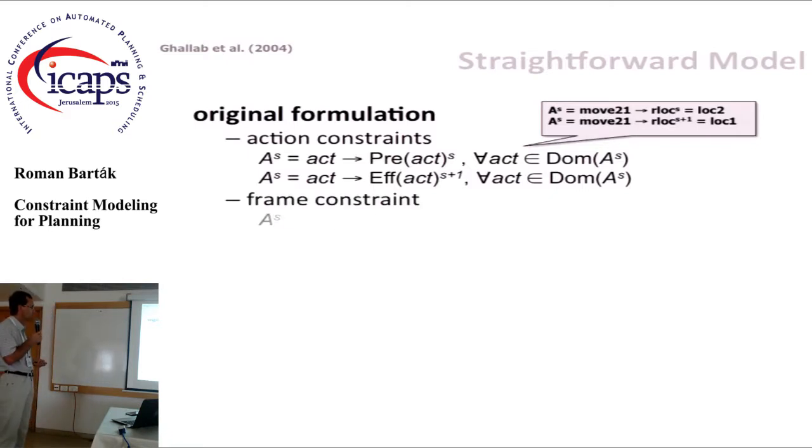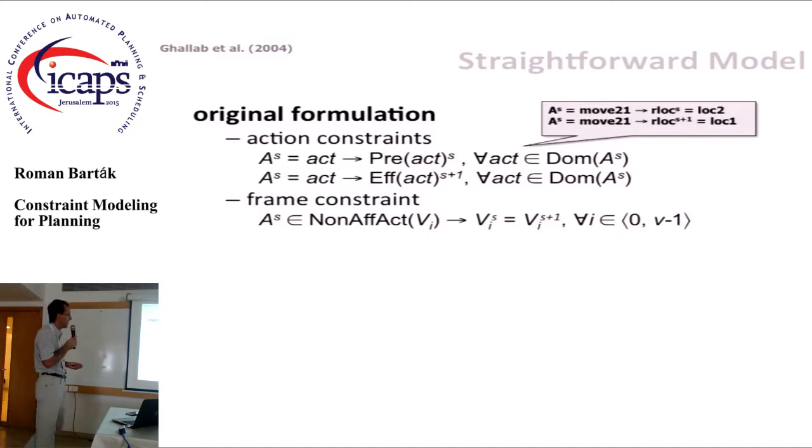So these are action constraints, and regarding the frame constraints, we can say that for each variable, if we have an action which is not affecting the variable, not changing, not touching that variable, then that variable will be the same after applying the action as it was before applying the action, right? So that's it, right? So we can describe the problem with a lot of these implication constraints, but there's a problem. Yeah, this is how it may look, okay?